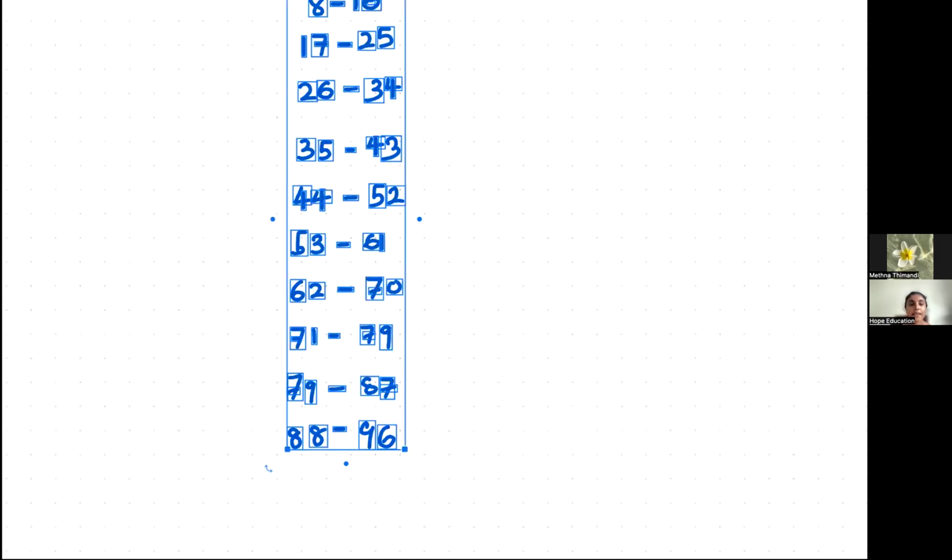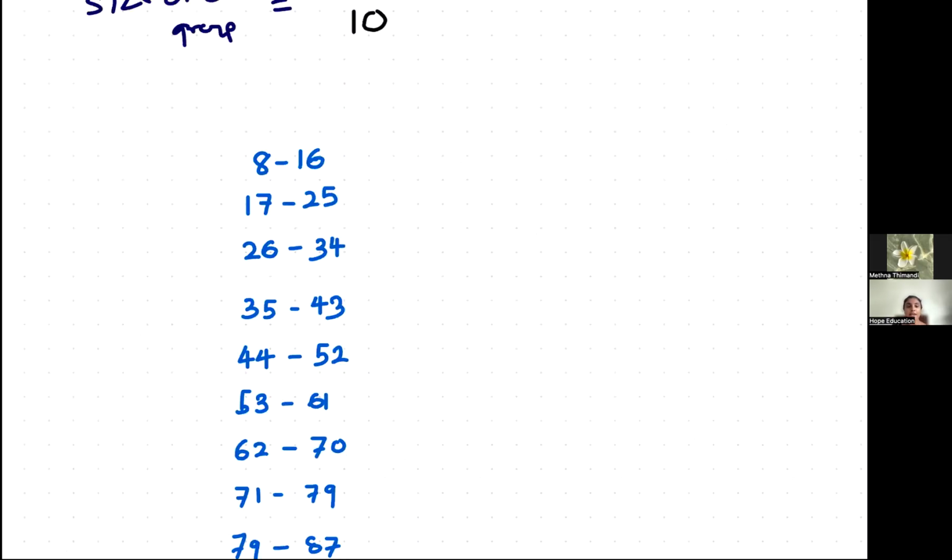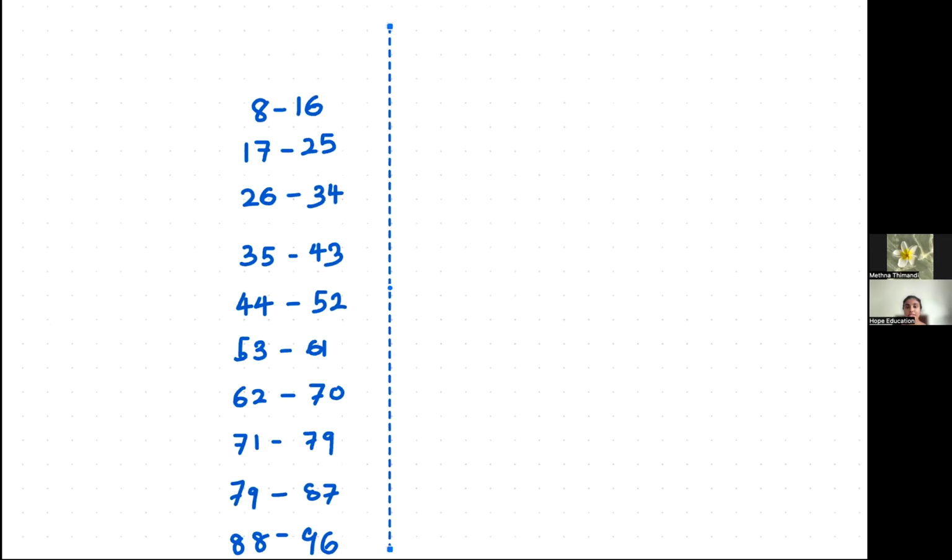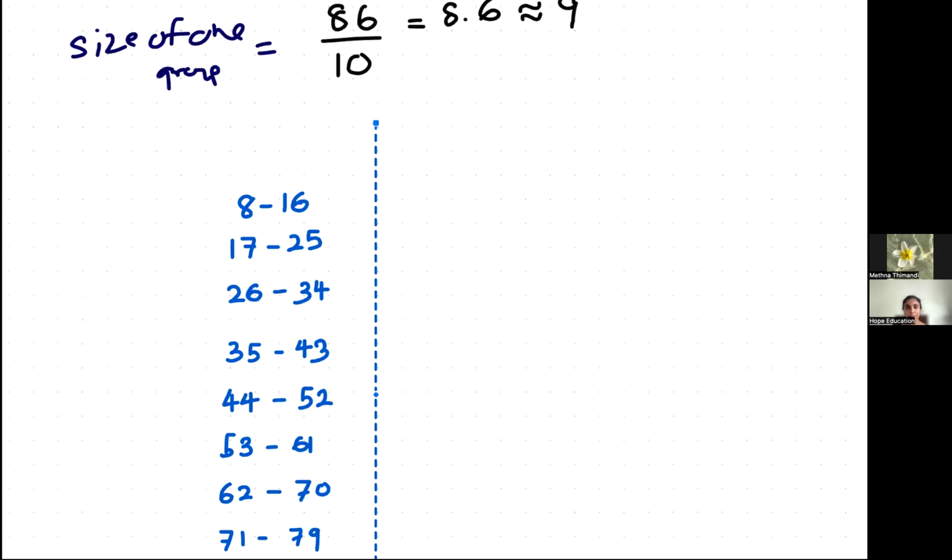Then I look at how many children are in each group. Let me convert this into a table, like this.